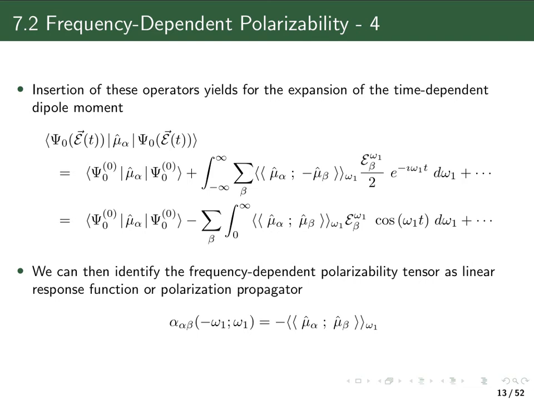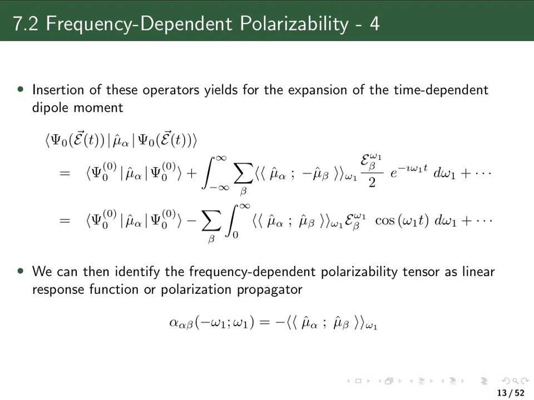So we reduce the integration again to 0 to infinity, which means the first half of the integration, from minus infinity to 0, we rewrite as being from 0 to infinity, which generates the second term again, and so we can also rewrite it as cosine.